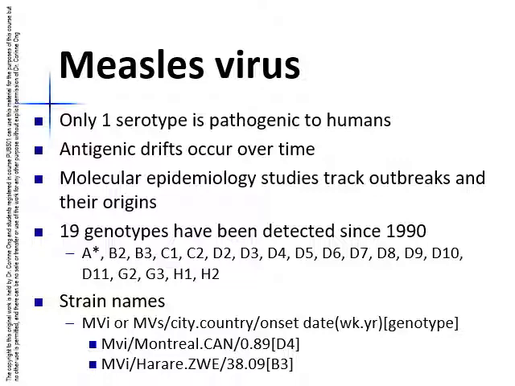Then forward slashes separate the city and country of origin, the week and year of the onset date, and at the end, the genotype is added in square brackets. I've provided 2 examples of these, and you've seen one of the B3 genotype reference strains before, as this is the one that many of the Disney-associated outbreak strains shared identical sequences with.